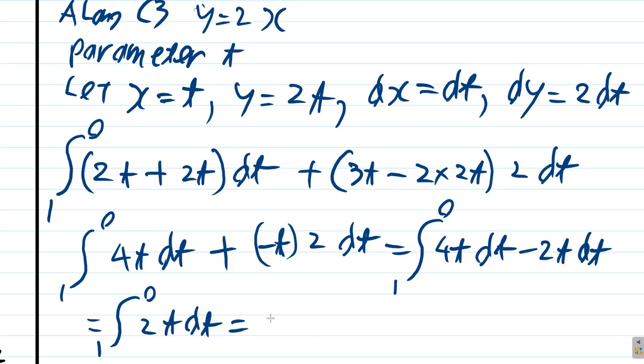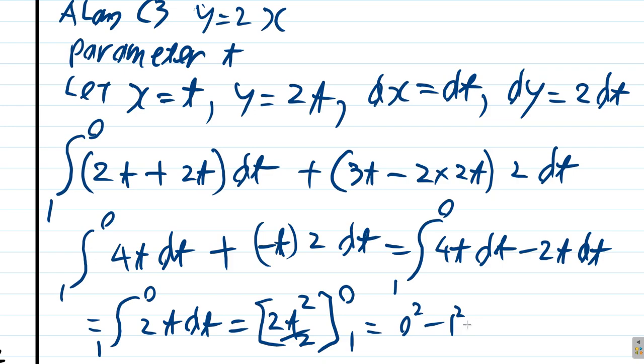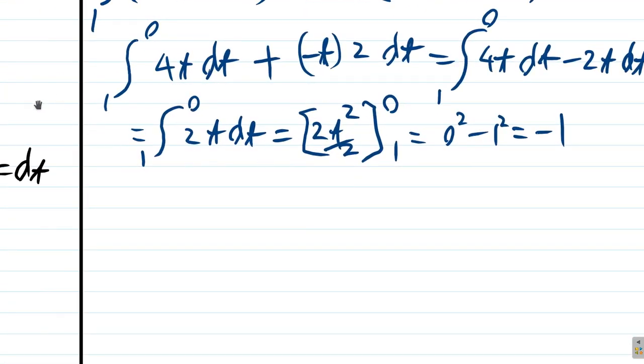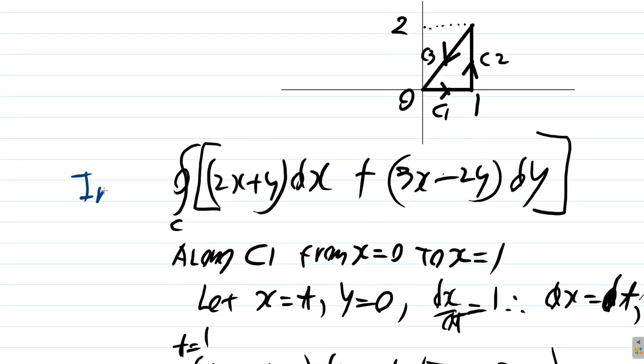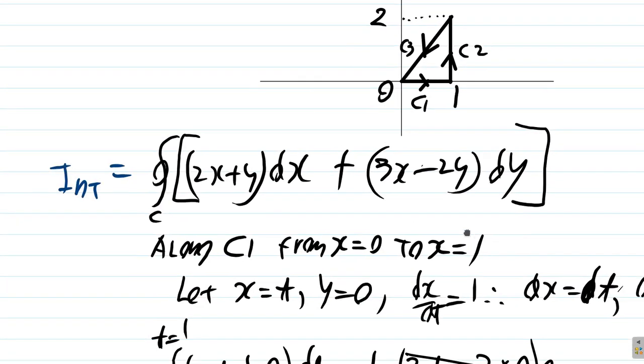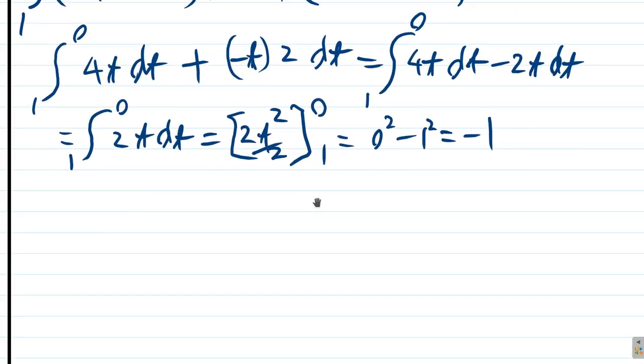So when we integrate that, we have 2t squared over 2 from 1 to 0, and 2 cancels 2, so we don't have to worry about it. It would be 0 squared minus 1 squared, so it would be negative 1. Okay, nice. So now, to find the integral, let's give it a label. Let's call this int, because we can't be bothered to write it all over again.